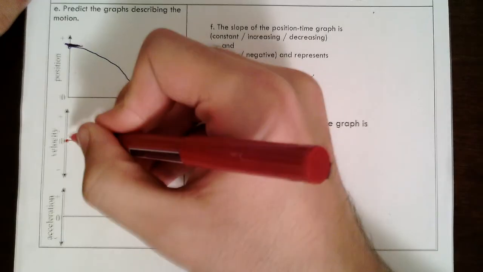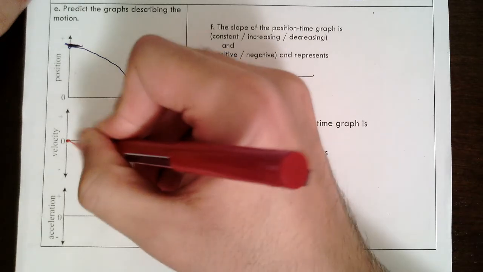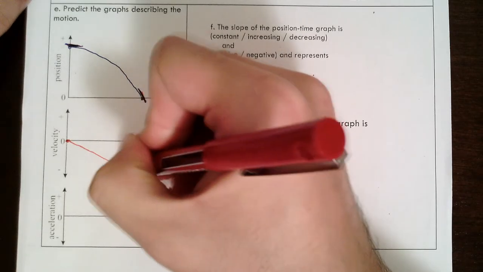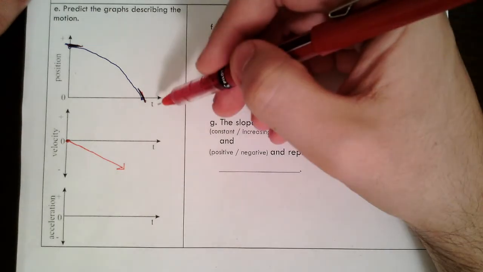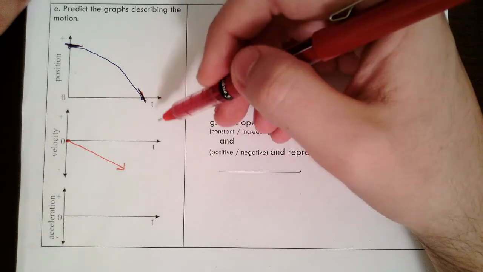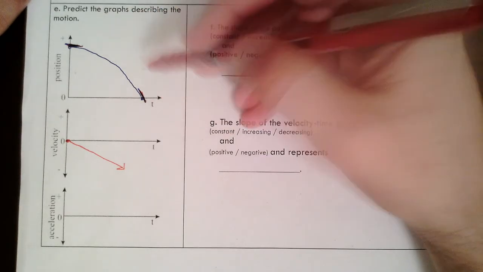So initially in my velocity versus time graph, I have 0, and as time goes on, I get more negative. At every point along my position versus time curve, my velocity is negative, and it's a linear increase.